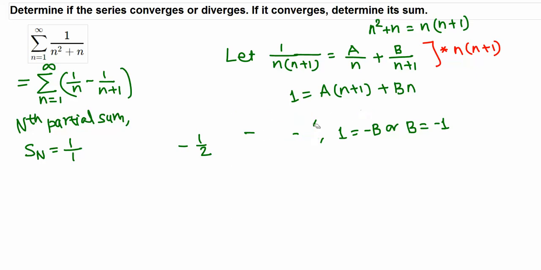That's the first term. Plus the second term, n equals 2, so 1 over 2 minus 1 over 3.